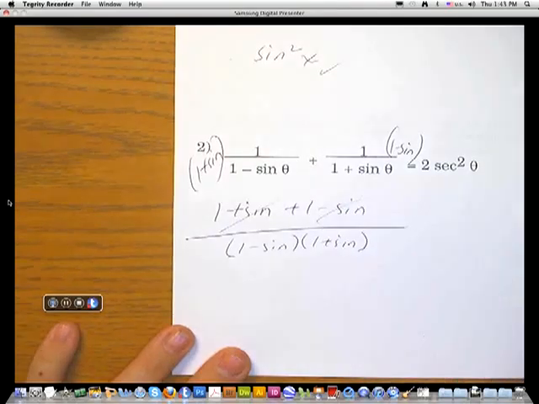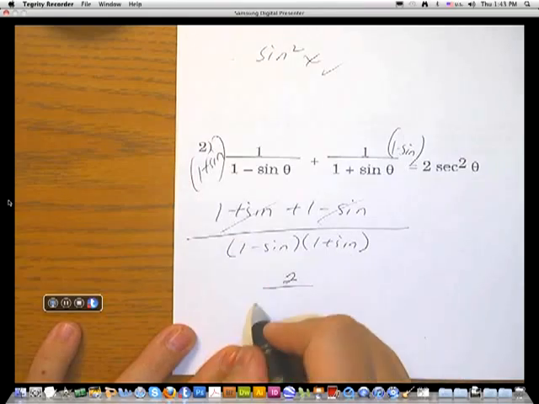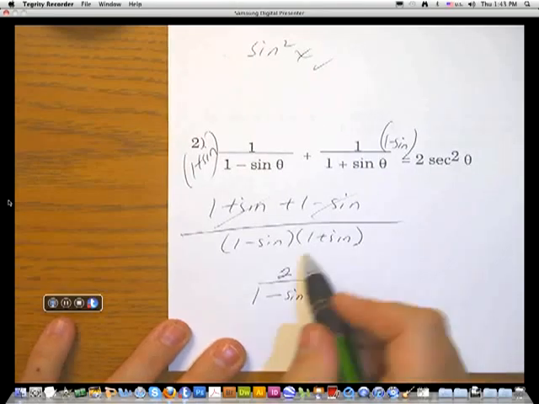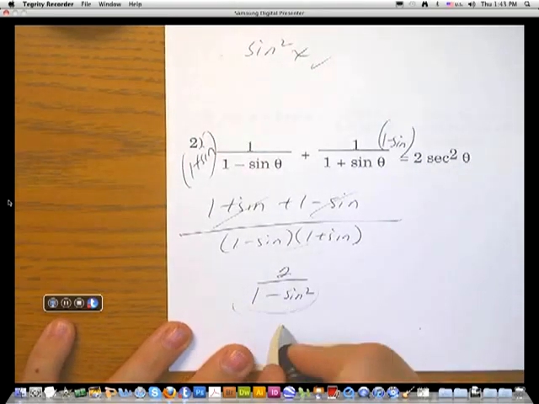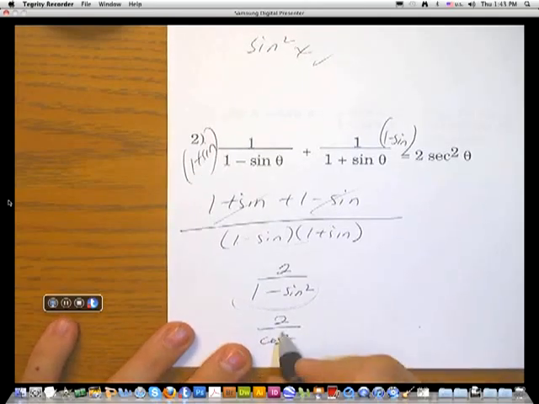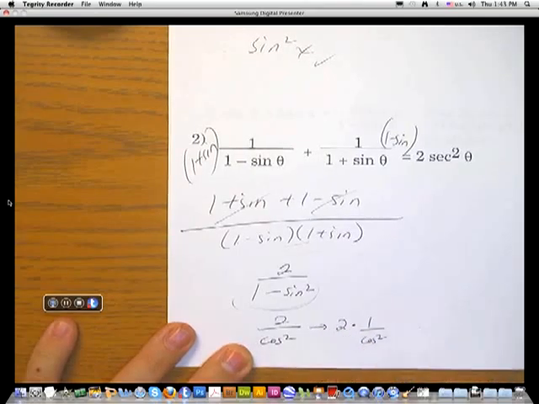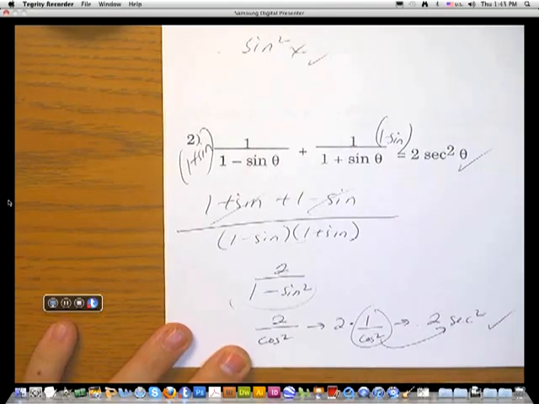On the numerator, the signs go away, and I get 2. The denominator FOILs out to 1 minus sine squared, because the inners and outers go away. 1 minus sine squared is cosine squared. So I can separate this to 2 times 1 over cosine squared, which is 2 secant squared. Check, check.